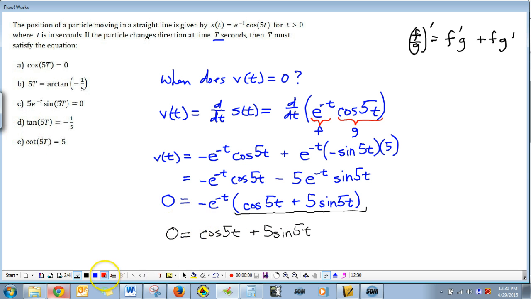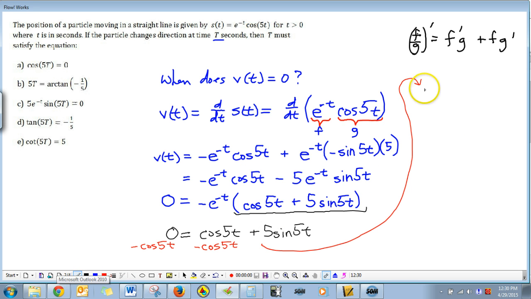So if I were to subtract cosine of 5t from both sides, I would get negative cosine of 5t equals 5 times the sine of 5t.